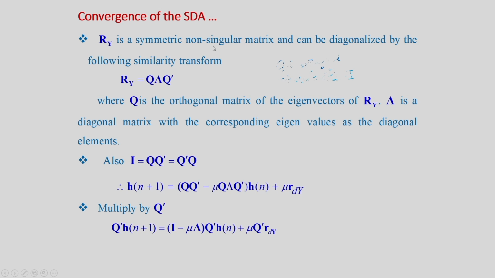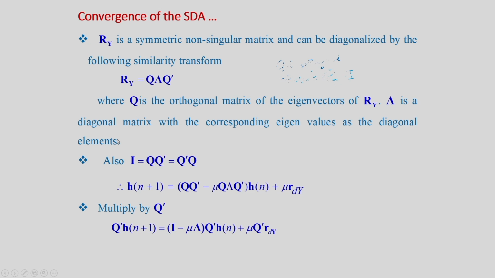Ry is a symmetric non-singular matrix and can be diagonalized by the following similarity transform. Ry is equal to Q lambda into Q transpose, where Q is the orthogonal matrix of the eigenvectors of Ry. Lambda is a diagonal matrix with the corresponding eigenvalues as the diagonal elements.